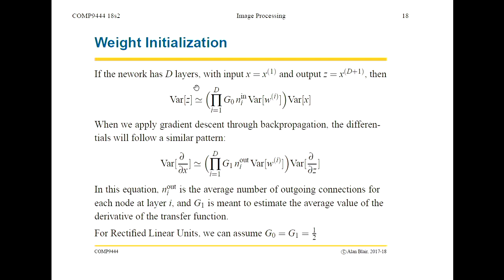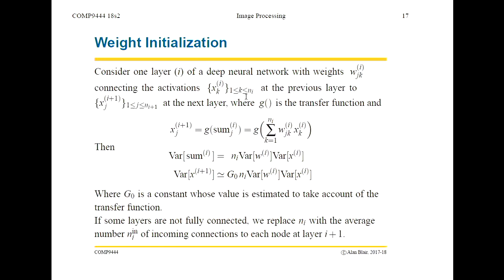So when you go forward through the network, you can apply this repeatedly. This tells you that when you move from layer i to layer i plus 1, the activations roughly get multiplied by this number here, G0 times n_i times the variance of the weights from layer i to i plus 1. This is the number of nodes that each node in layer i plus 1 is connected to in layer i.